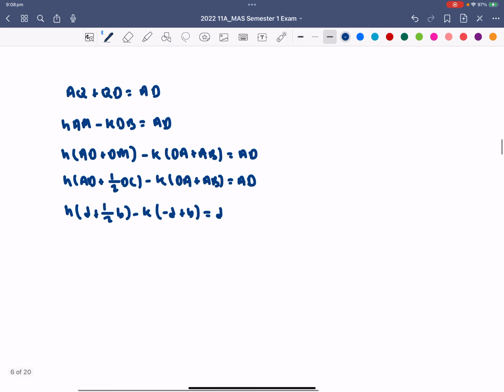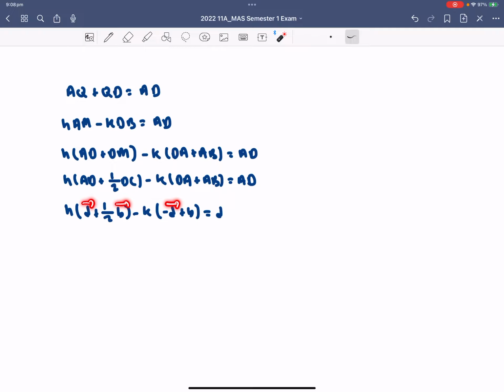Remember, I've got a very bad habit of not writing arrows on my vectors. So D, B, these have arrows on them. The K and the H don't because they're not vectors, they're constants. So if I expand it all out, we have H lots of vector D plus half H lots of vector B plus K lots of vector D minus K lots of vector B is D.